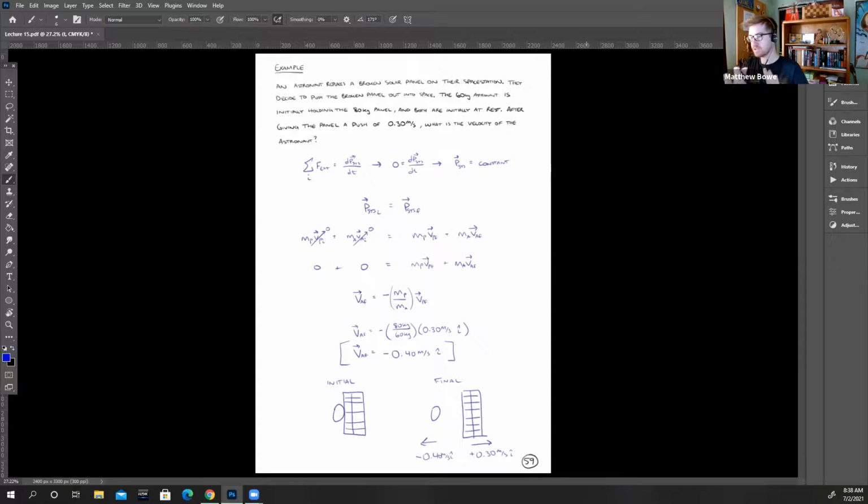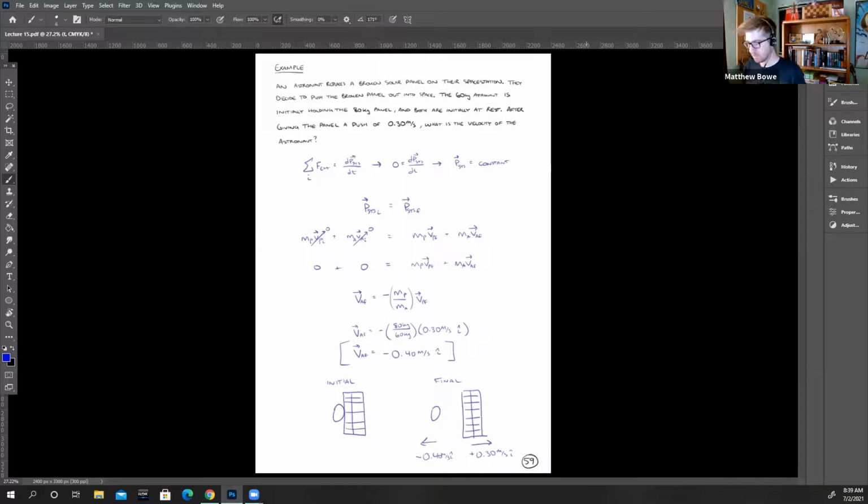They're applying a force to the solar panel to get it to some velocity. That also means that the same amount of force is pushing on the astronaut in the opposite direction. And since we're not on Earth, they're not having friction with the ground to hold themselves still. No external forces are acting on this system out in space.